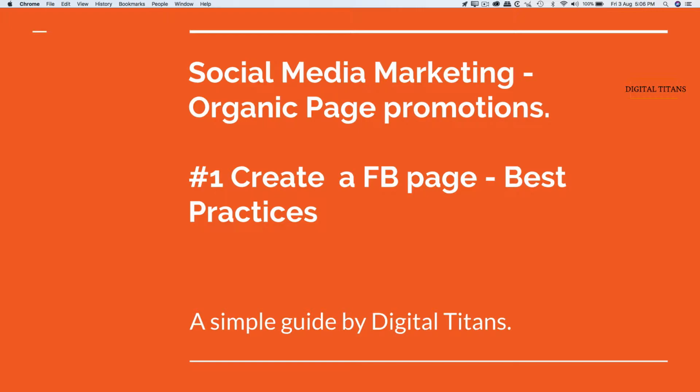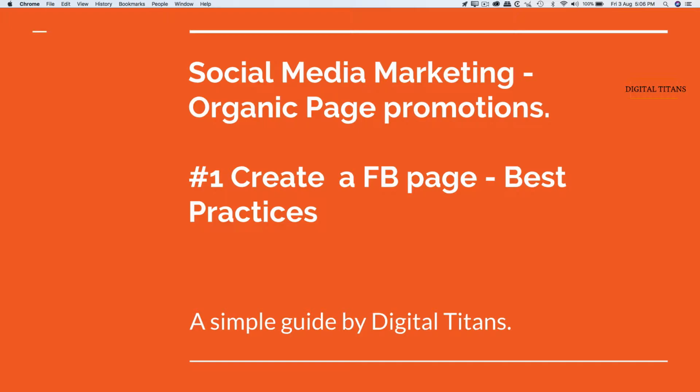Now, this session would be to try and explain what would be the best practices that any business should follow to create the best Facebook page so that it would reach out to a lot of people who are your target audiences. How you grow engagement, how you engage with these audiences, and how you promote and get your likes or engagement on Facebook is going to be the session following this.